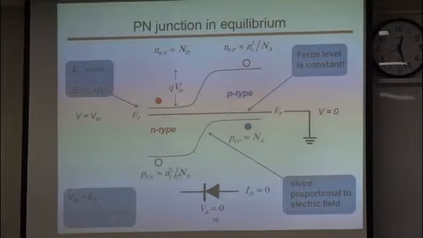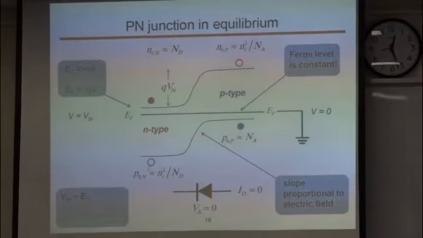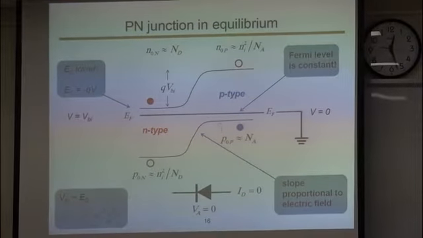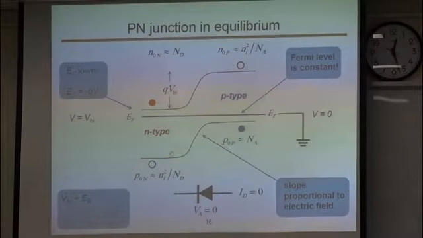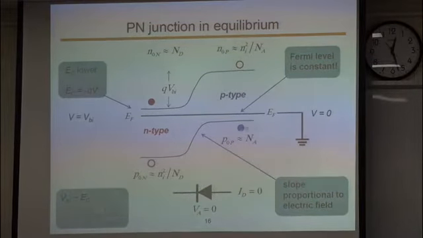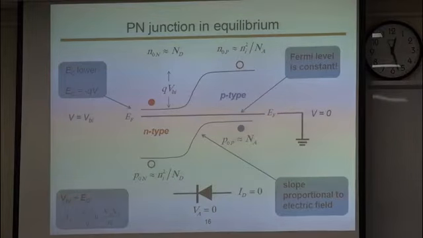On the other hand, the opposite direction will happen for the hole. The hole tends to move from lower energy to the higher energy, and thereby the hole moves to the p-type. The hole moves to the p-type, and the electron moves to the n-type.